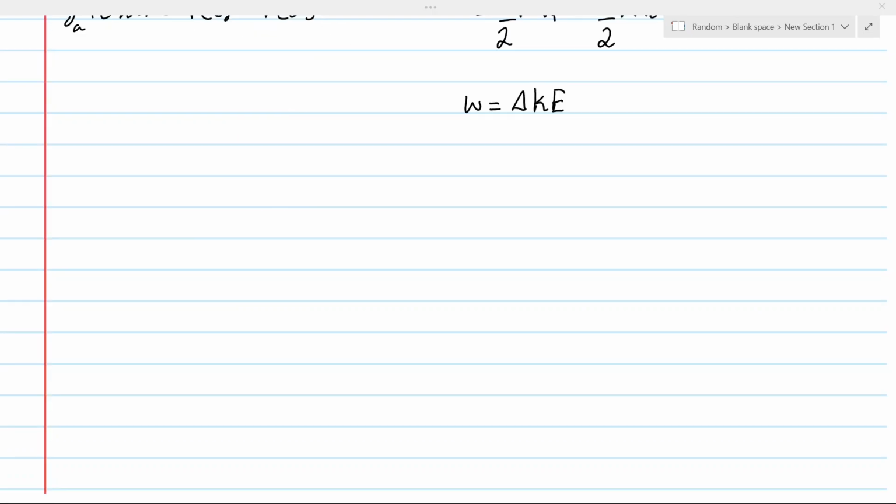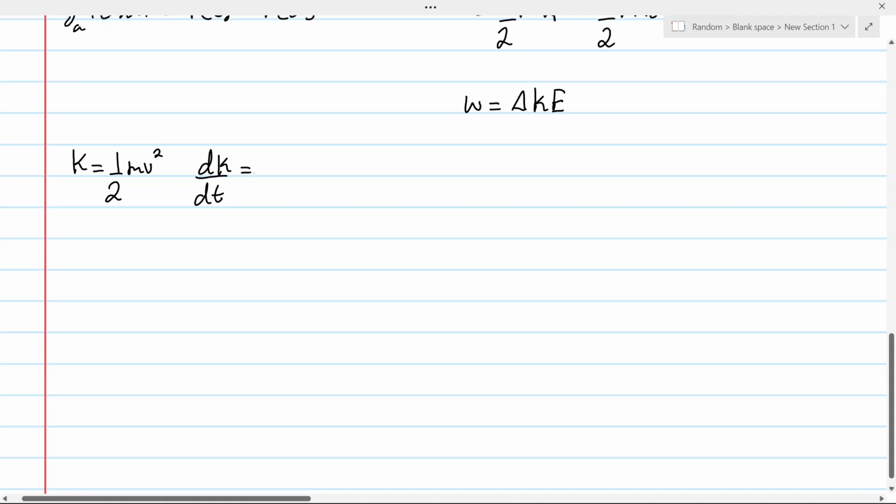Next, to show the relationship between work and potential energy, I'm first going to write down the equation for kinetic energy, 1/2 mv squared. Next, I'm going to take the time derivative of kinetic energy. So d/dt of 1/2 mv squared will equal mv dv over dt.